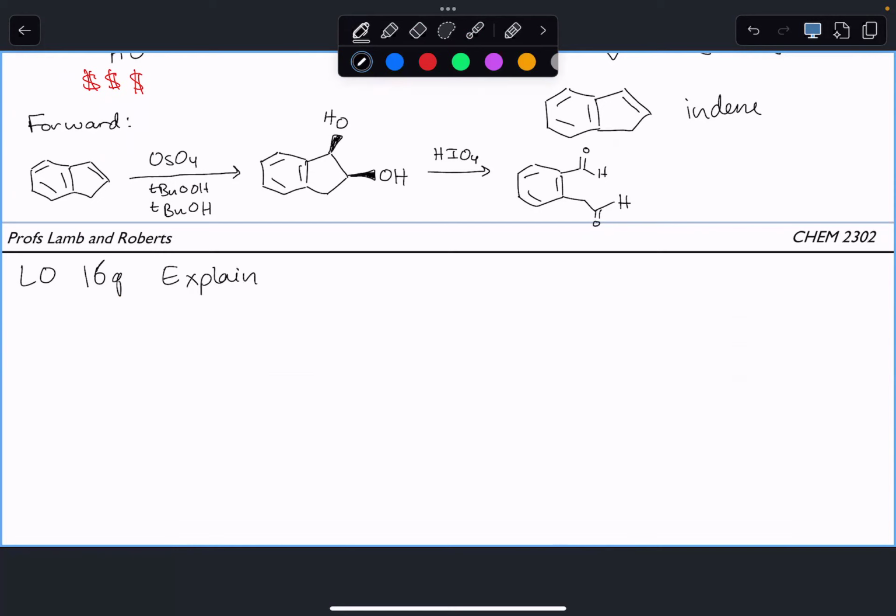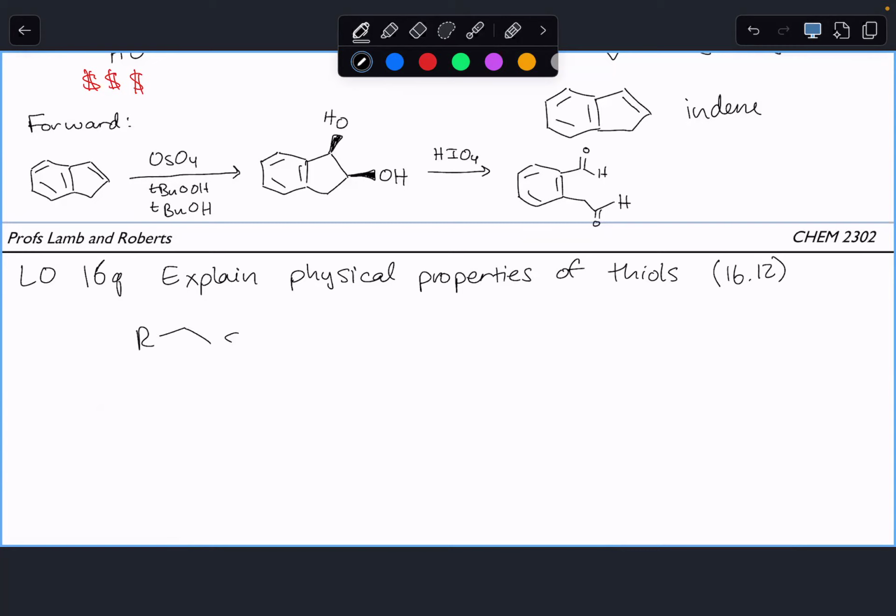We're going to explain the physical properties of diols, especially relative to alcohols. So this is 16.12. We're not covering all of this sulfur part of the book, but we just wanted to introduce this to you because it is going to become relevant when we start talking about ethers and thioethers coming up. So a thiol is just the sulfur version of an alcohol.